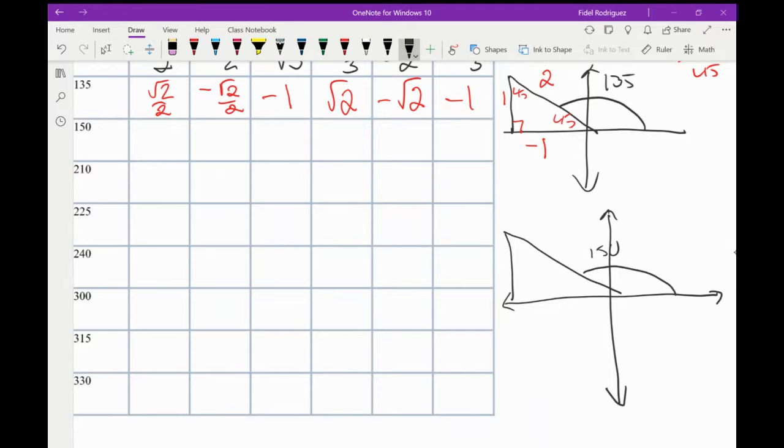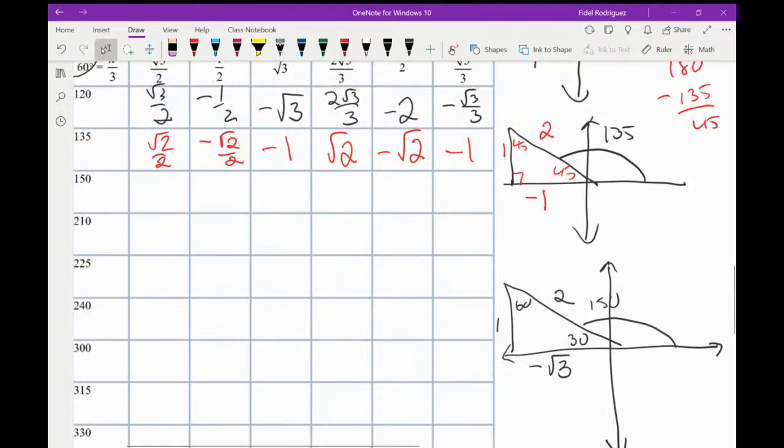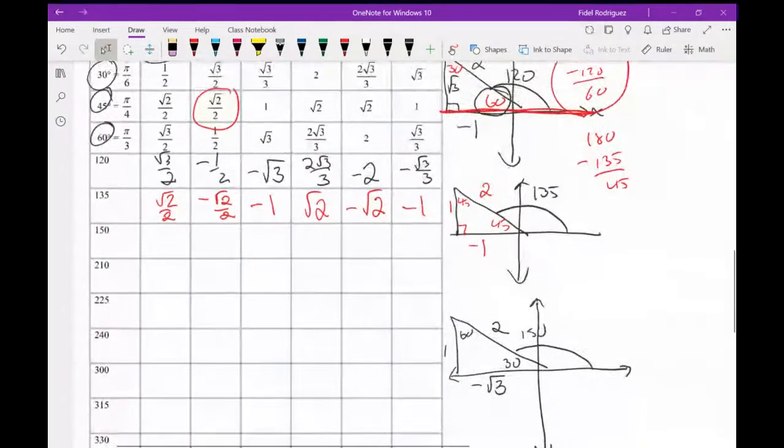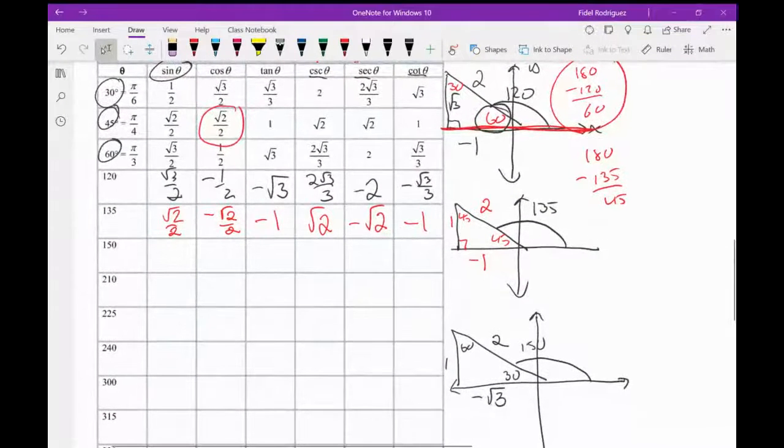So if this is 150, everybody agree this is going to be 30? So this is 1, this is 60, this is a negative square root of 3, and that's 2. Okay. And I want to bring this down a little bit because I'm using 30 degrees, and 30 degrees was that top one we had there.